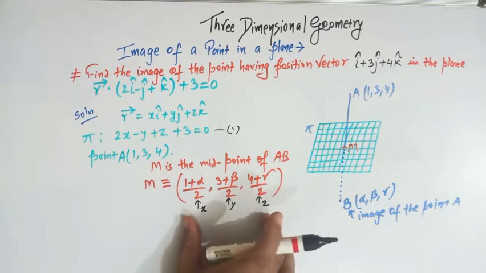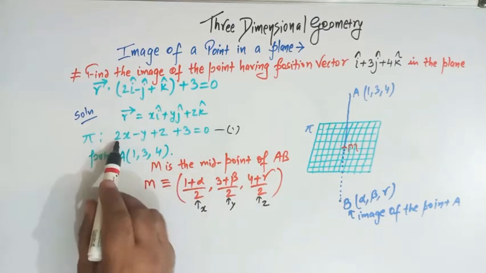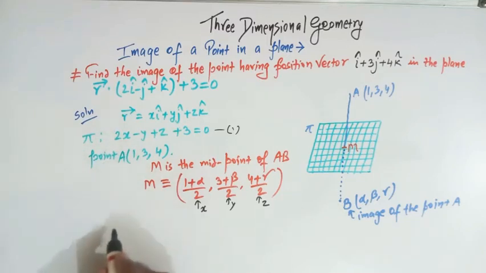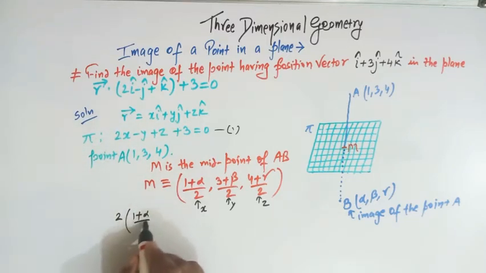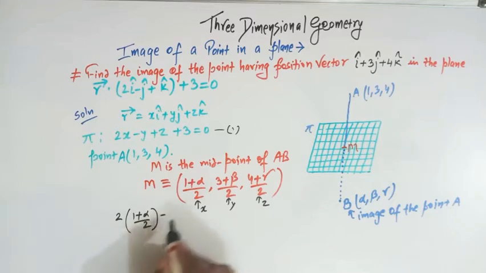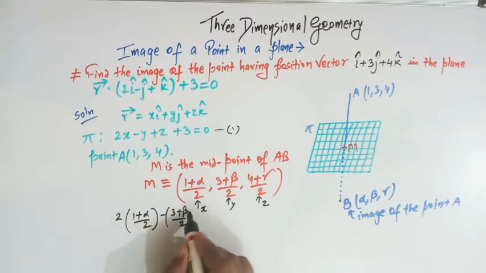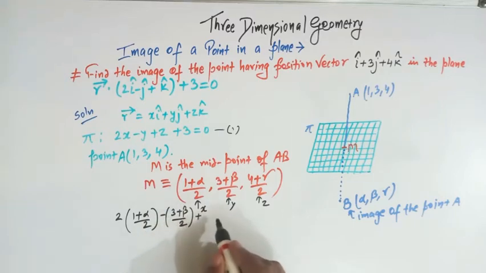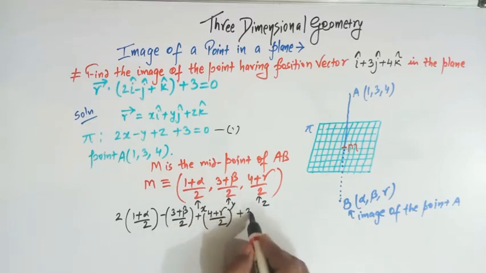So let us substitute this point in the equation of the plane. So let us see what we get. So this is 2 times (1 plus alpha) by 2, then minus (3 plus beta) by 2, and then plus (4 plus gamma) by 2 and plus 3 equal to 0, right?